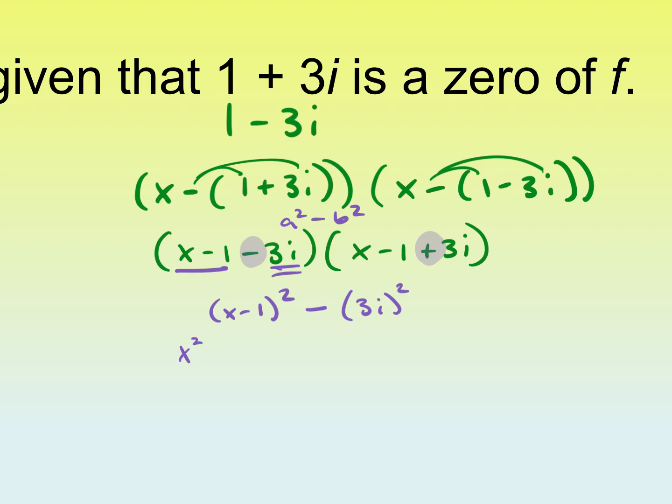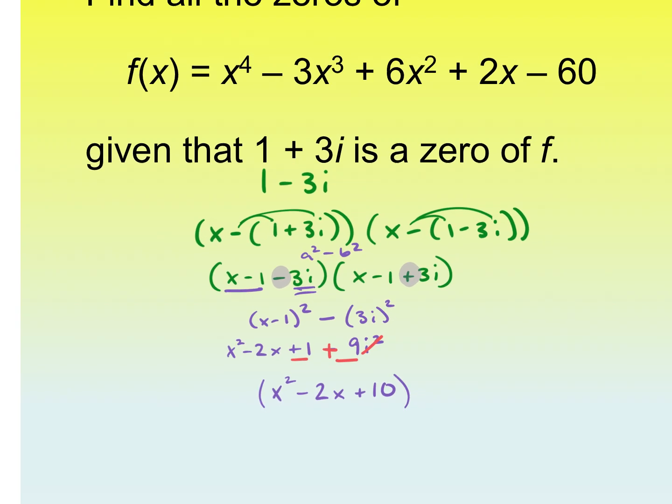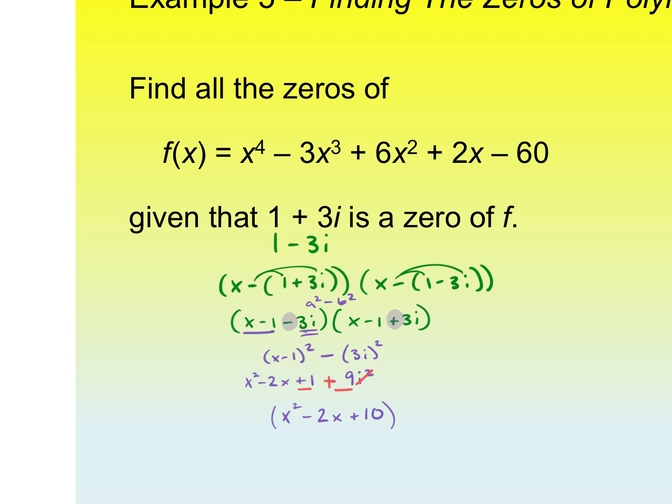We get x squared minus 2x plus 1 minus 9i squared. Well, what does i squared change to? Negative 1, which makes it a plus 9. Awesome. Then we can combine our like terms. So we've got x squared minus 2x plus 10. Not quadratic formula.